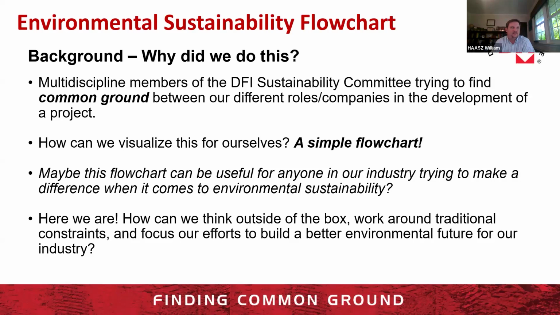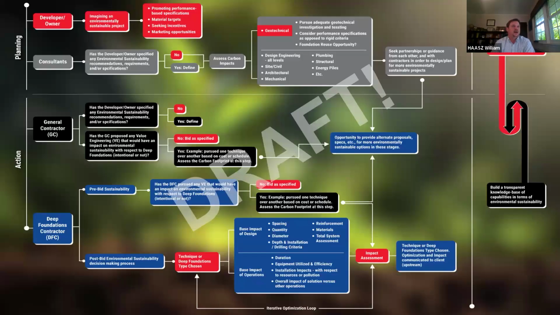And basically, I think it's on us in our industry to think of ways that we can think outside of the box and work around traditional constraints that are associated with a standard project timeline and the different players associated with the development of a project. And in order to do that, we just wanted to make a very simple flowchart.